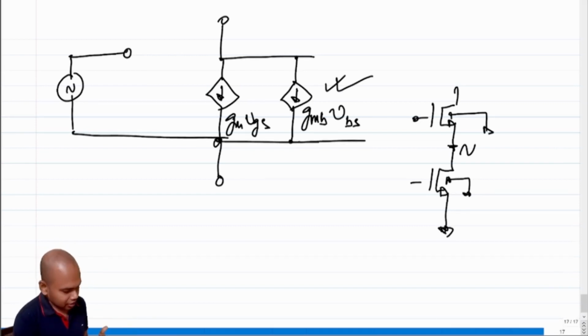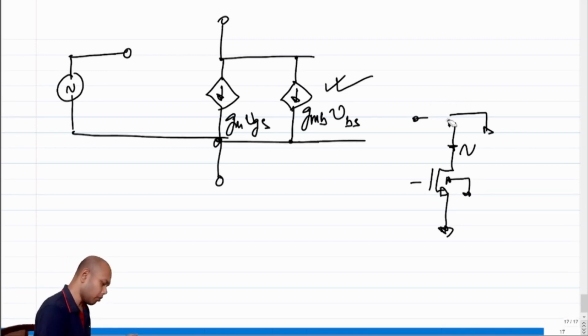So it's a minor adjustment of the small signal model that you should keep in mind. In this course, we will not solve any problems using body effect, but this is something that you should keep in mind when you are doing design, because your small signal parameters can change slightly because of the body effect, right?